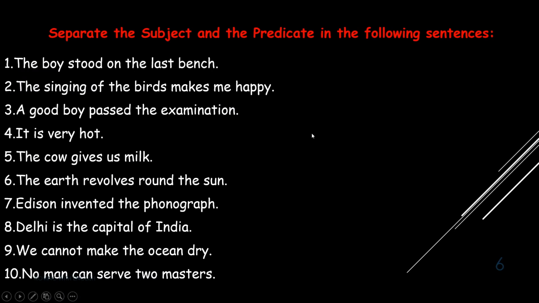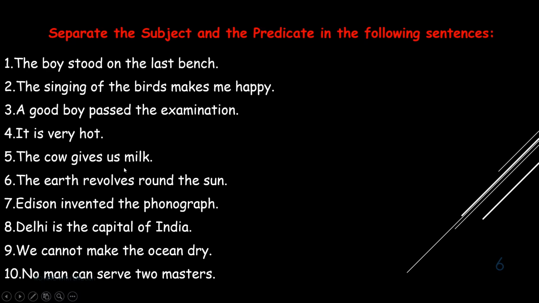Now let's try to answer these questions. Separate the subject and the predicate in the following sentences. First, the boy stood on the last bench. The singing of the birds made me happy. A good boy passed the examination. It is very hot.